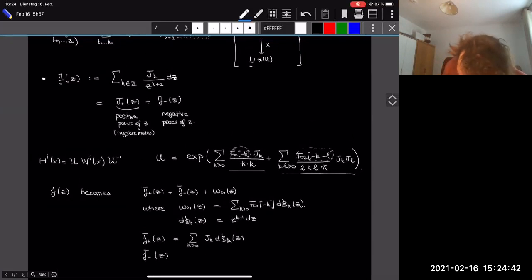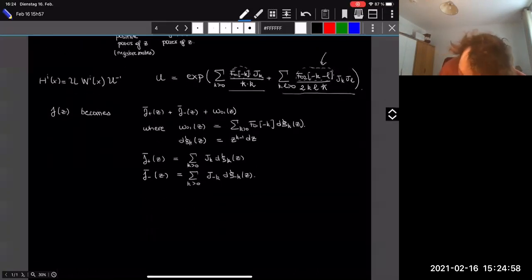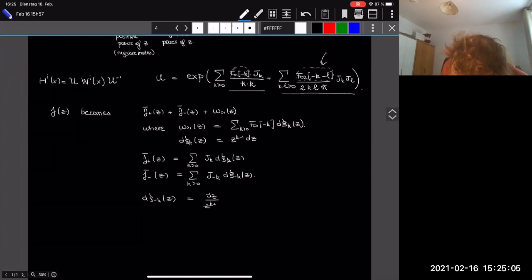And the J minus of z now, because of this, it's going to get shifted. And so here we obtain the sum over k positive of J_{-k} d psi_{-k}, where d psi_{-k} is dz over z^(k+1), plus the sum of F_{0,2}, minus k minus l, over k, d x_l of z.